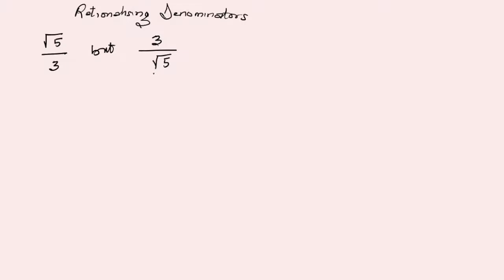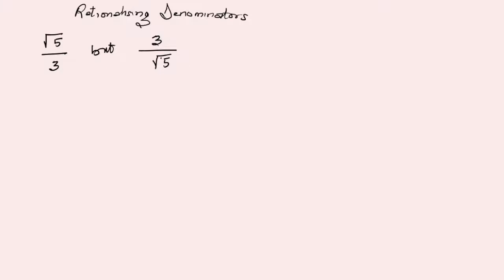The reason we do not desire our denominators to be radical expressions is that with an expression such as this, it is easy to evaluate the value, because whatever the value of the numerator is, all we have to do is divide it by 3 and we get the value of this fraction.